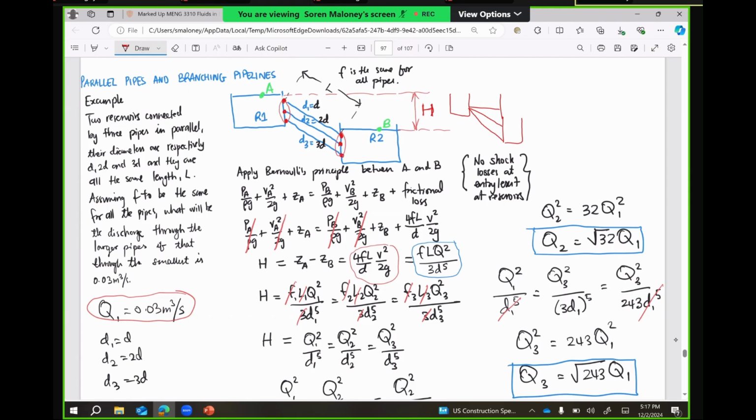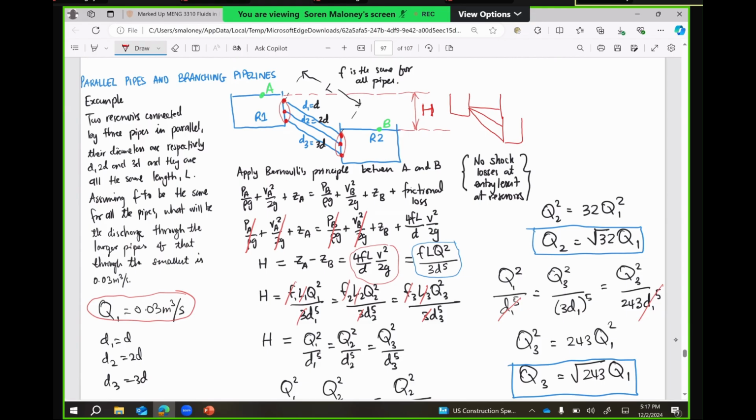Now, these three pipes, their diameters are different, right? The first pipe has a diameter of D, the second pipe has a diameter of twice the first one, and then the third pipe has a diameter of 3 times the first one, right? But the thing that these pipes have in common is that they are running between the same reservoirs. So my H value for these pipes is going to be the same, right?